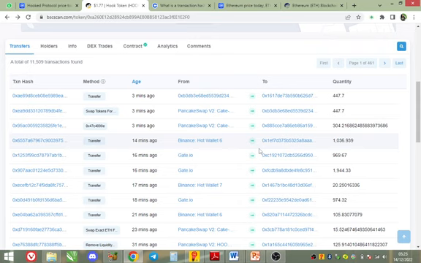When you transfer from one wallet to another, the token will have more liquidity and more activities running.